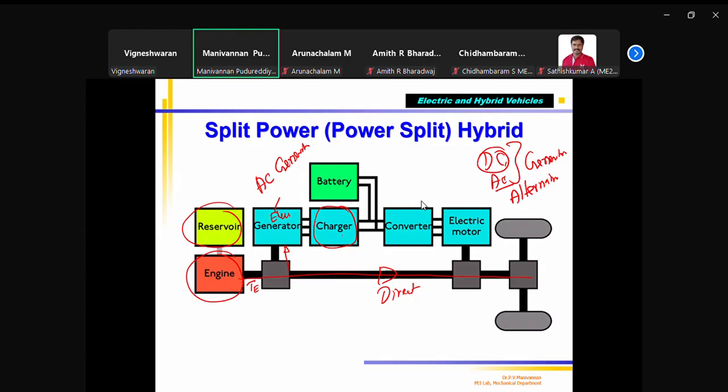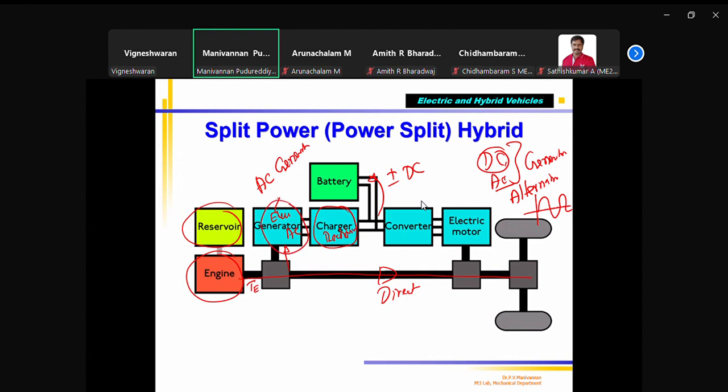If it is an AC generator, then the output voltage is AC voltage. This cannot be supplied to the battery. To charge the battery, you need a DC voltage. So if the generator is an AC generator, the output should be rectified into DC voltage. So the charger circuit will have a rectifier. What is the job of the rectifier? It converts the AC voltage to DC. Please note that if the generator is an AC generator.